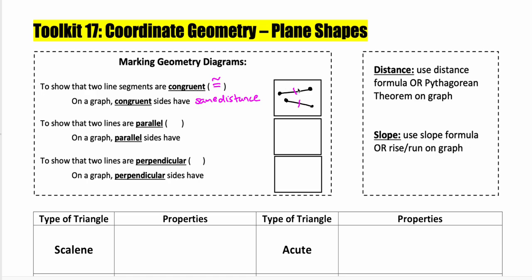Now, if I have two tick marks on one and one on another, these are not congruent. So in order for them to be congruent, they have to have the same amount of tick marks. So I'm going to put 2 on both of them to show that they are congruent. And again, congruent means, I'm going to write this up here, same shape and same size.